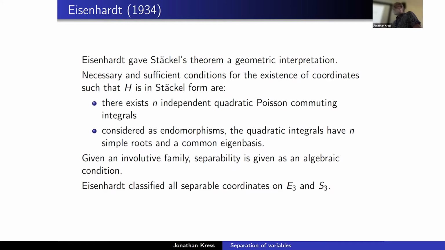Well, he did it more concretely on E3, Euclidean space, and he comes up with coordinate systems which have coordinate planes that are confocal quadrics, what you expect. And on S3, the sphere, he doesn't write them down explicitly, but he gives a parameterization for the quadratic forms, without explicitly writing out the coordinate systems.